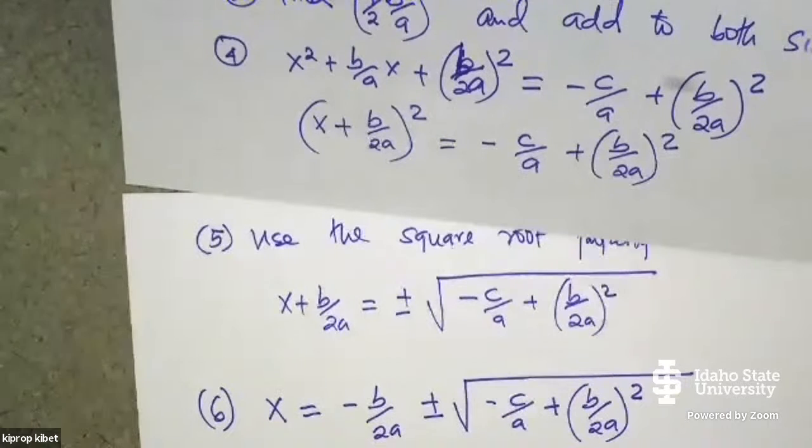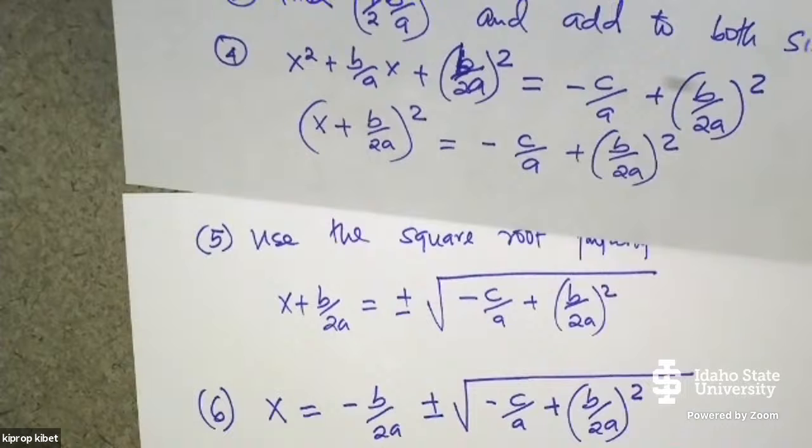If it's squared, why is it inside of the square root? Which one is that? The b over 2a. So what you do here, you add here the same b over 2a squared, and then you also add here b over 2a squared. You add it on both sides. So the next step is this.